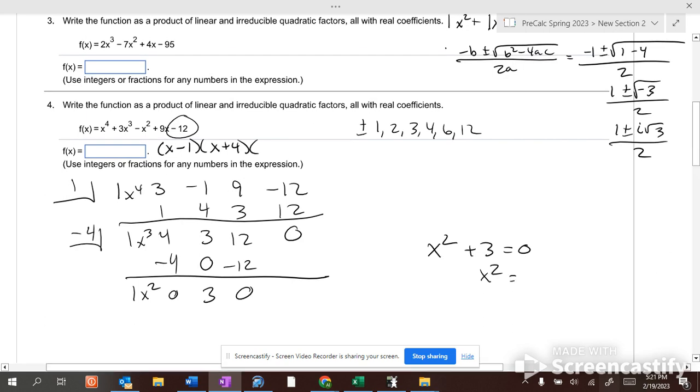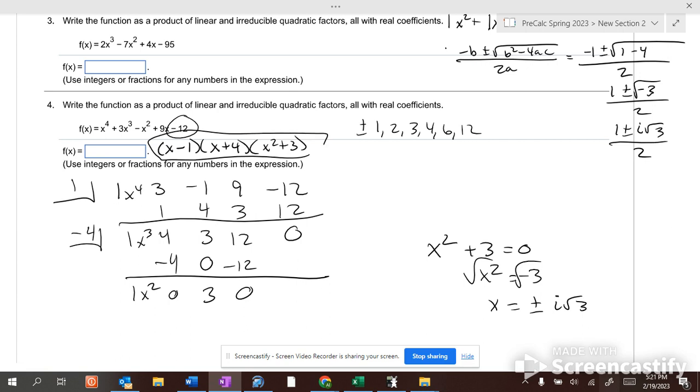Let's go x squared equals negative 3. Take the square root of each side. So x equals plus or minus i square root of 3. So it's x minus i square root of 3 and x plus i square root of 3. But it has to be real coefficients. So we don't want that. So it's just x squared plus 3. There we go. That should be the answer.